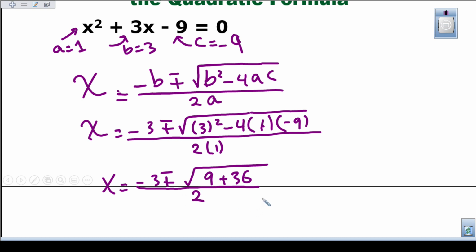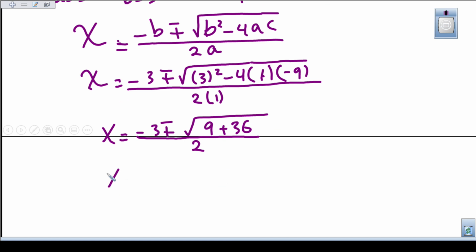Okay, so what is 36 plus 9? 36 plus 9 is going to be 45. So I have x equals negative 3 plus or minus square root of 45 divided by 2.